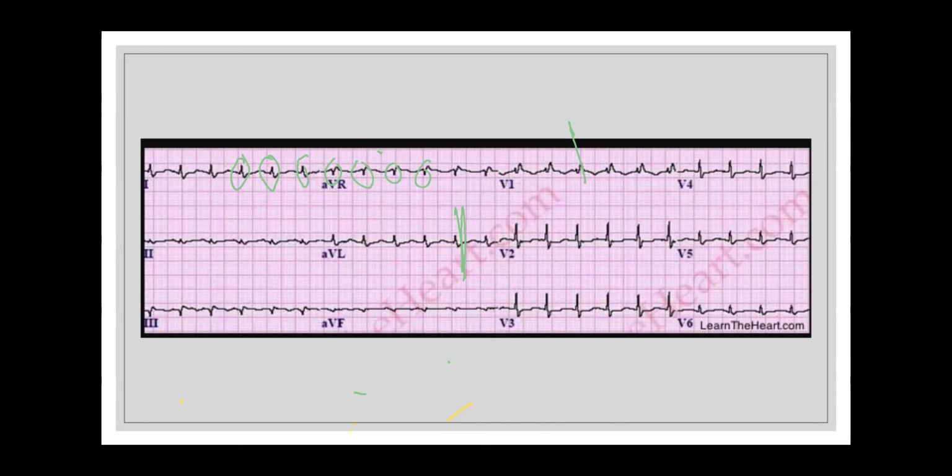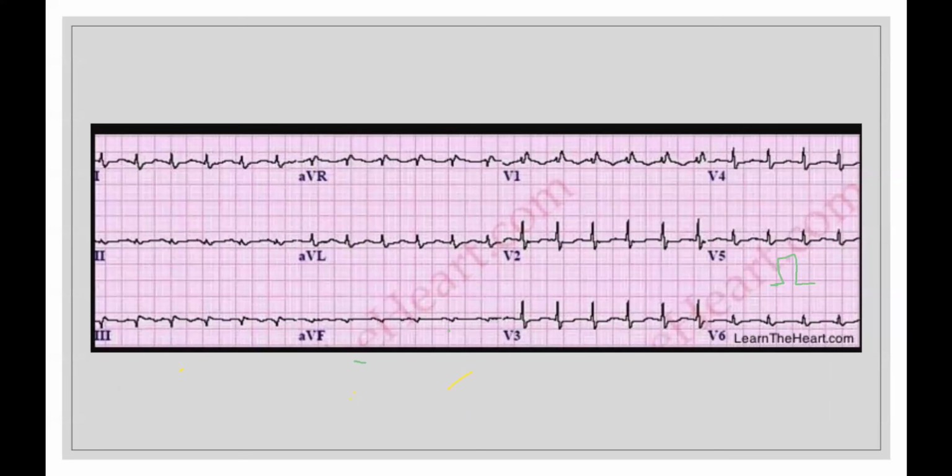But if your standardization settings are normal, and you still have these very, very small QRS complexes, what do you think? Which pathologies are associated with it? Any guess? Any differentials from your side?